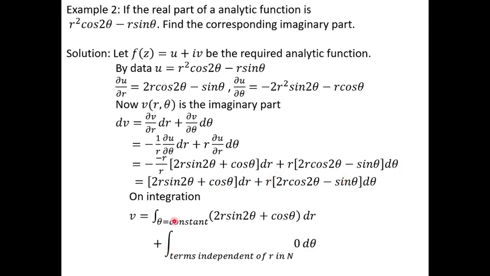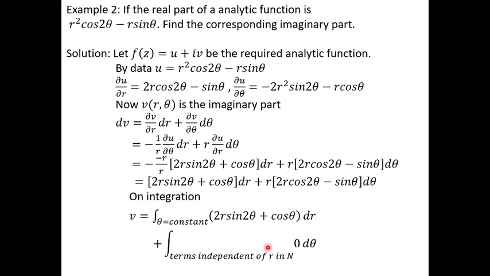Therefore, see here, we write 2r sin 2 theta plus cos theta. This is the m. We can treat this as m. In this case, theta is constant. Now, this d theta coefficient can be treated as n. In the n, it is the independent of r terms. In the Cartesian form, what do we write? Integration of m dx, where y is a constant, plus integration of n dy.